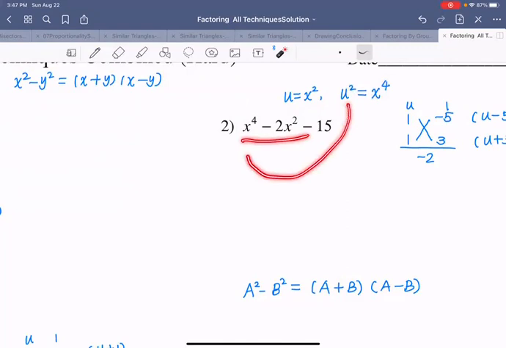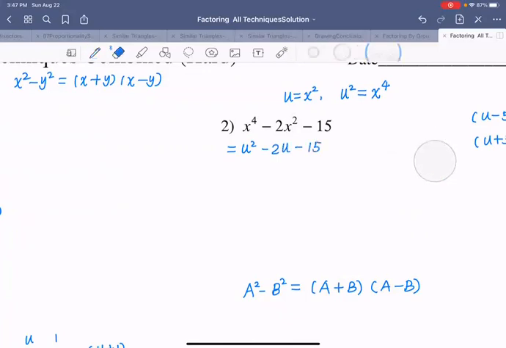Now let's replace them by u. This becomes u squared minus 2u minus 15. I want you to tell me, how do I factor this? We do 1, 1, 15, negative 15.